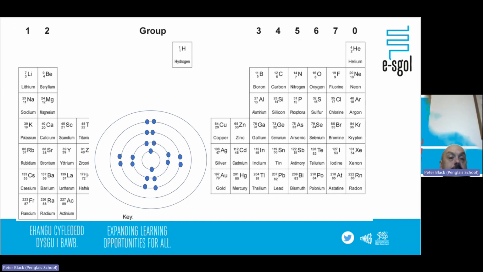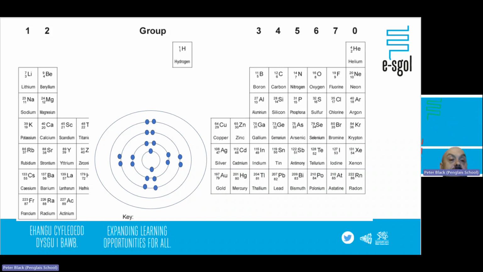But we're now going to look at how we could have identified this as calcium from looking at how the electrons are arranged in the shells. The most important thing for you to know is that the number of electrons on the outer shell of an atom refers to the group of the element.